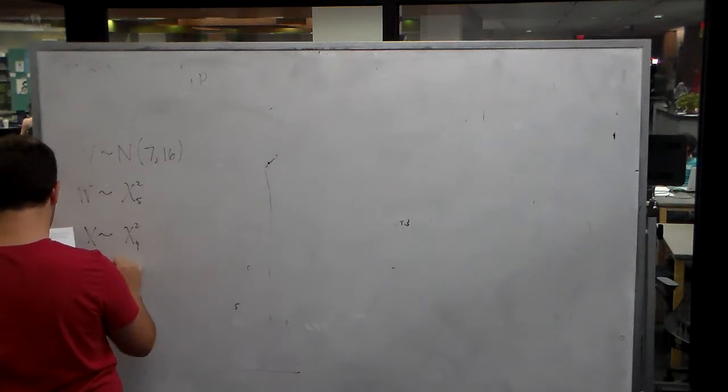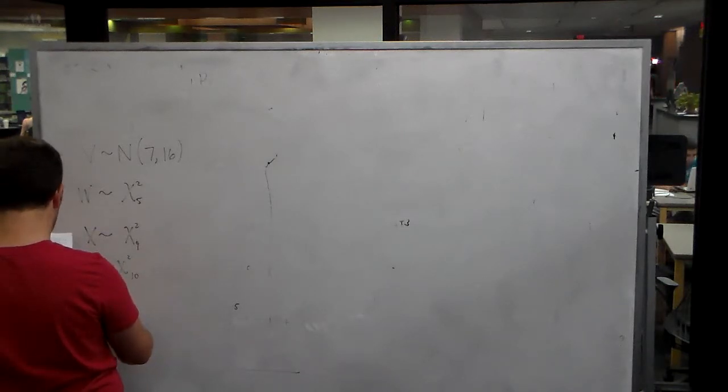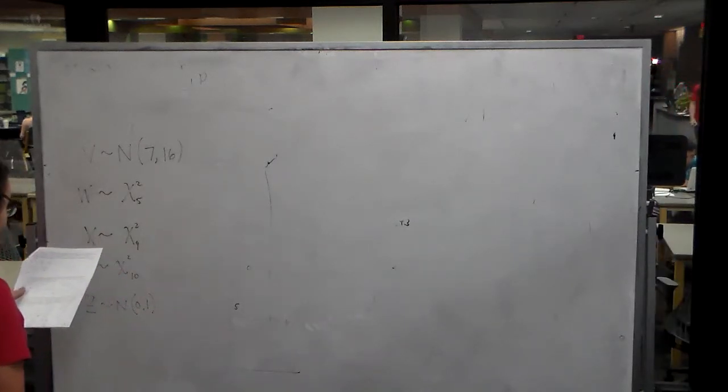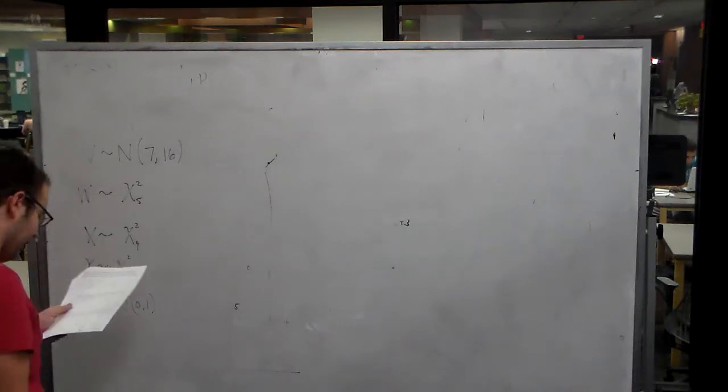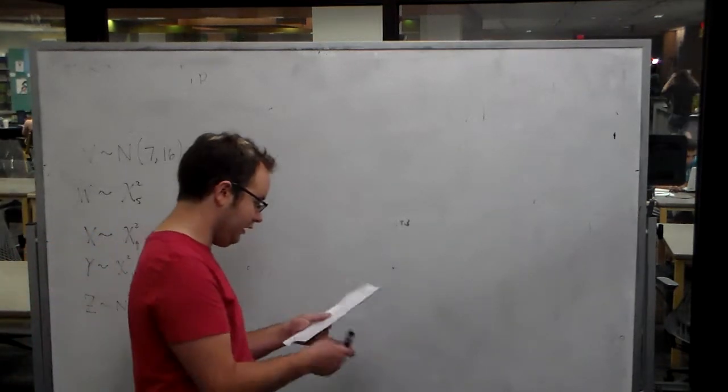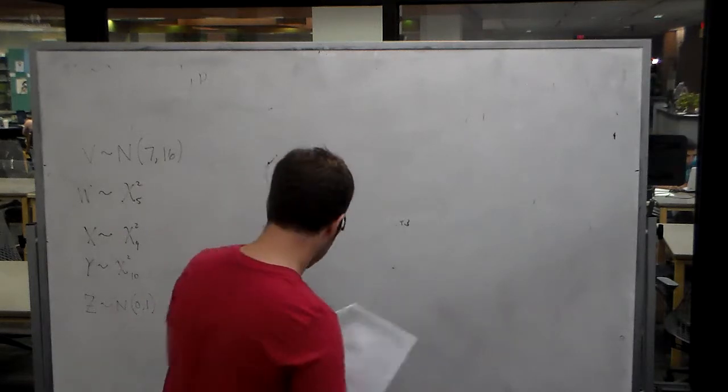Y is chi-square with 10 degrees of freedom, and Z is the standard normal. Identify the distribution for each function of these variables given below. Each answer is a T, F, or chi-square distribution, and state the type of distribution and the values for the appropriate degrees of freedom.